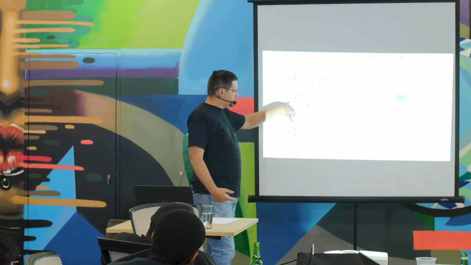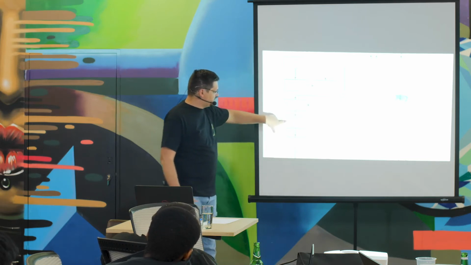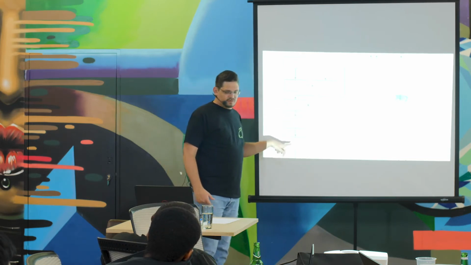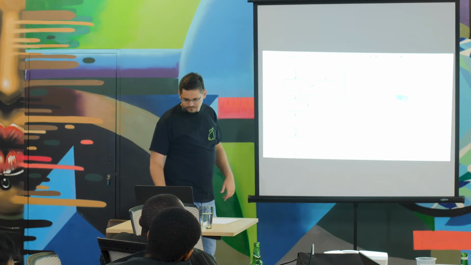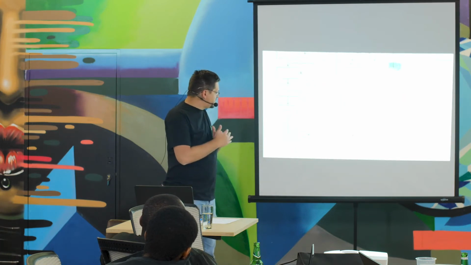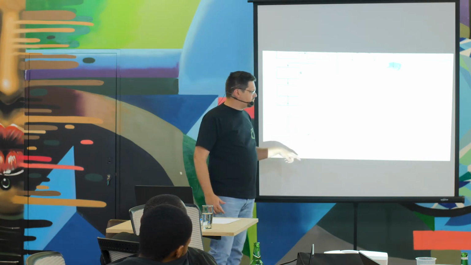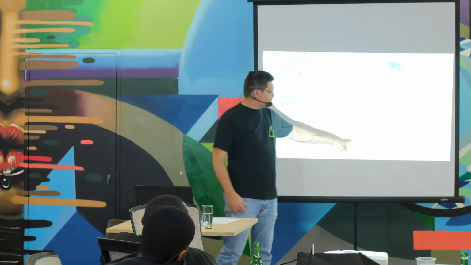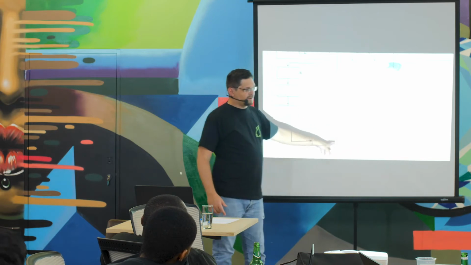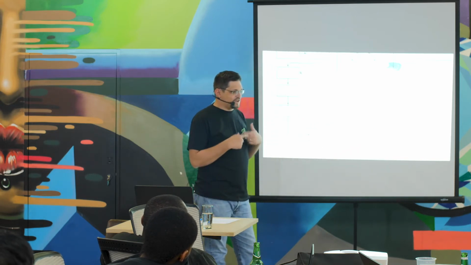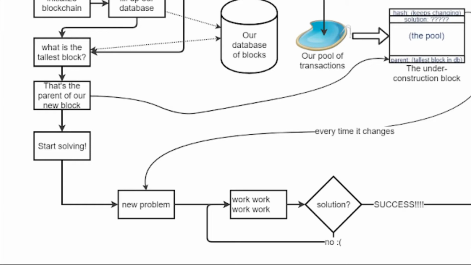So we want to know what the tallest block is. That's our new parent block, and that's all we need, and we start solving. That's where the proof of work comes in. We now have the problem that we need to solve, and we're going to do work, going through hashes, and just keep changing our nonce around until we find a solution.